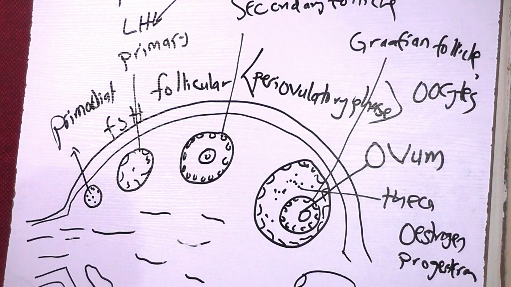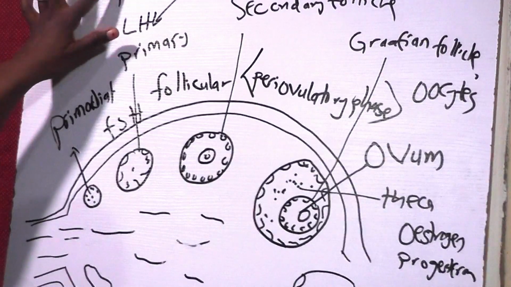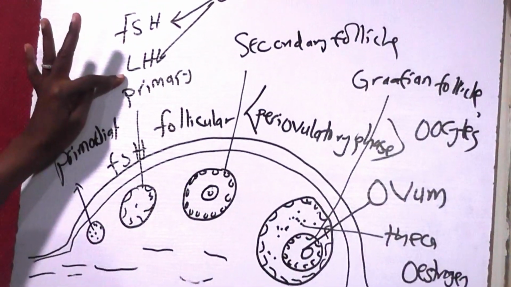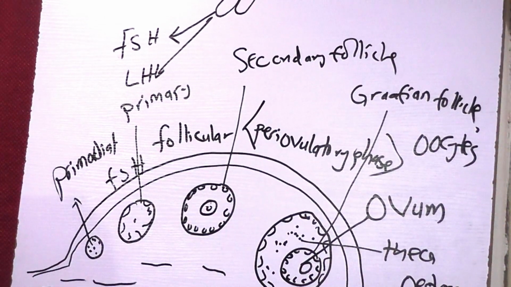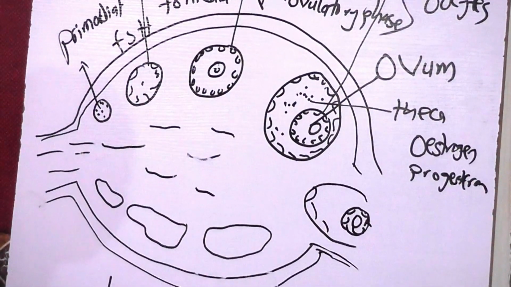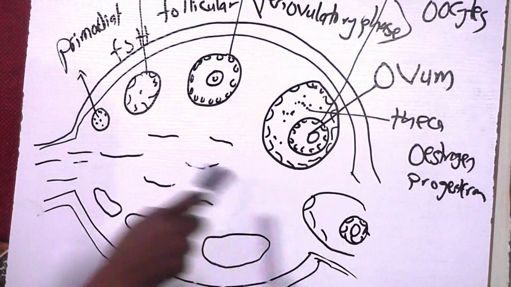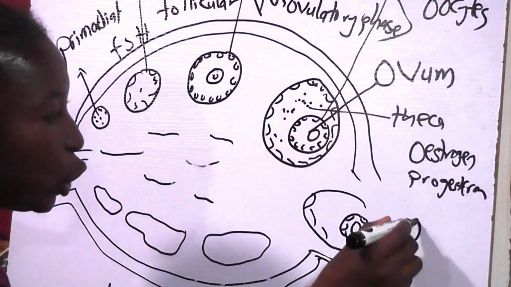Now, the restriction or the inhibition of the follicle stimulating hormone and the luteinizing hormone will lead to a drop of the estrogen and progesterone level, which now initiates what we call ovulation.